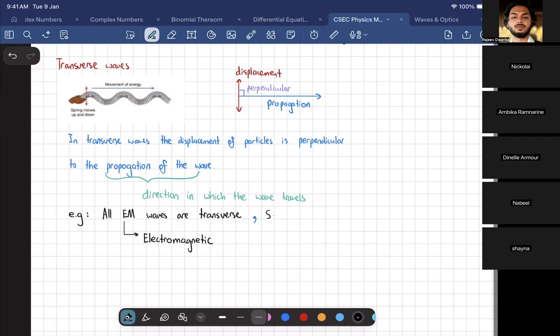Seismic S waves. And this is caused during an earthquake.